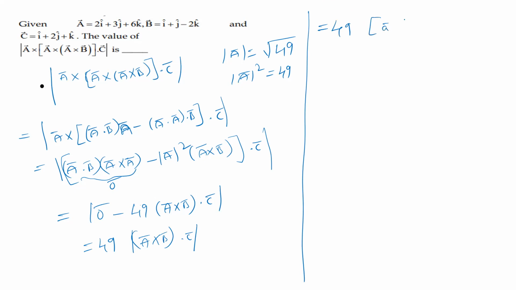We can write box of a bar, b bar, c bar. Now apply the box value. If you find the box of a bar, b bar, c bar, you know how to find the box product of that value. You will get 7. Okay. Now the total answer is 49 into 7, that is 343.